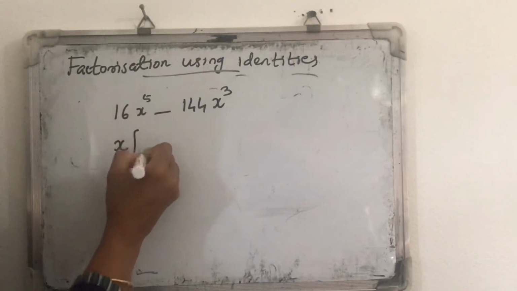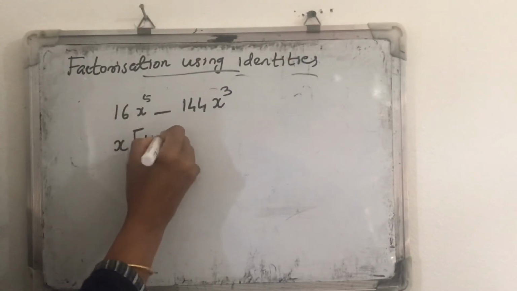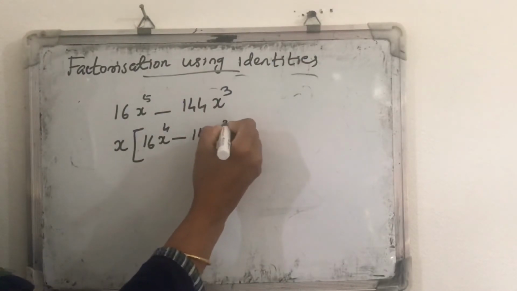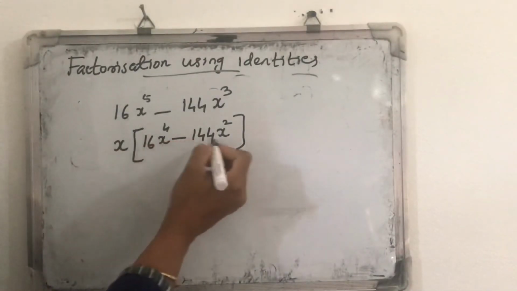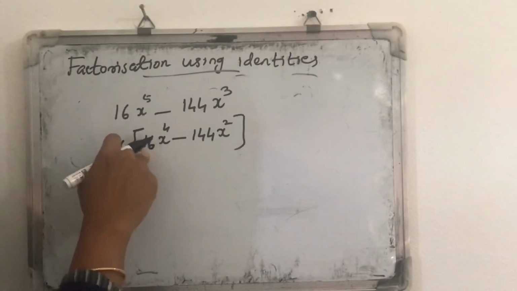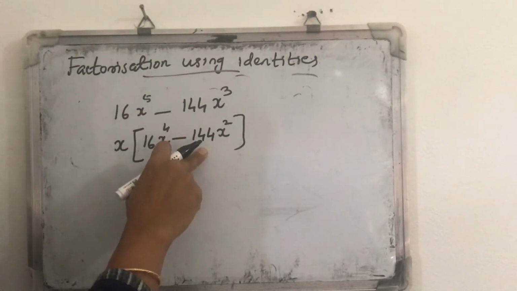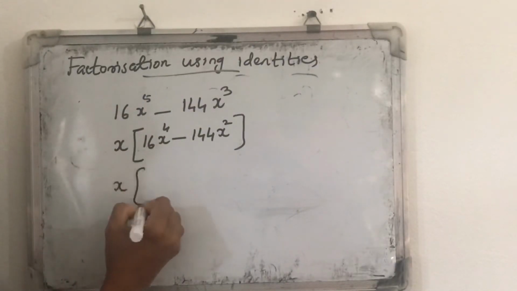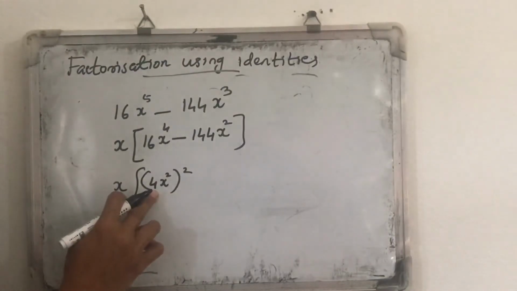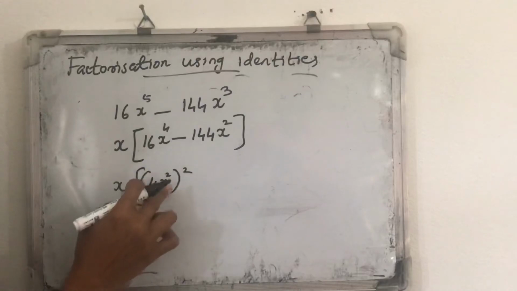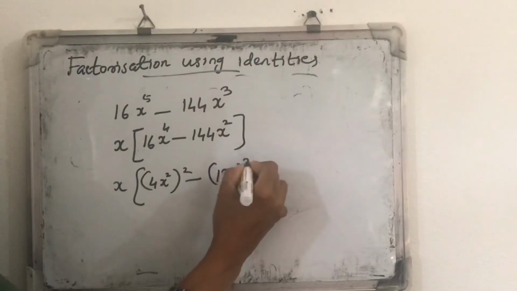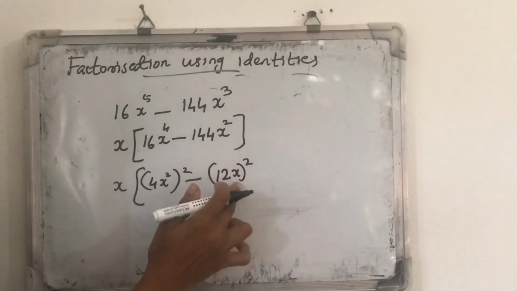Here remains 16x raised to 4 minus 144 x square. Now the variables are perfect squares and the coefficients also. 16 is the square of 4 and 144 is the square of 12. So we can rearrange this as 4x square whole square, since 4 square is 16 and x square whole square is x raised to 4, minus 12x whole square, since 12 square is 144.